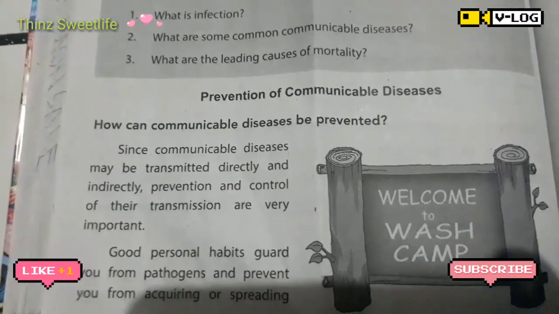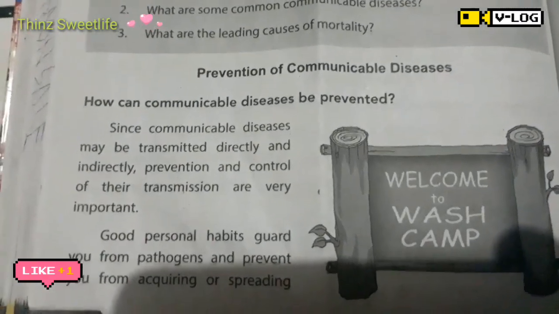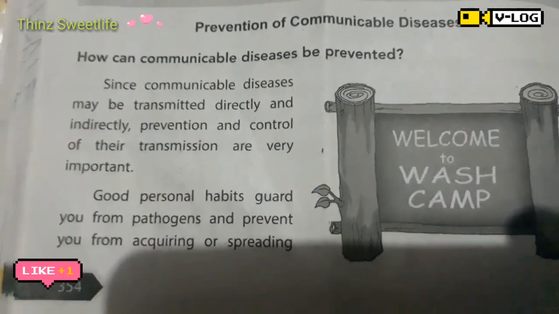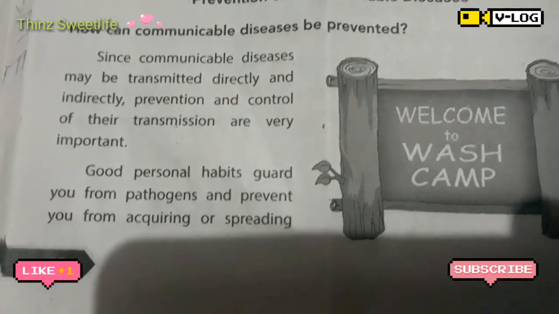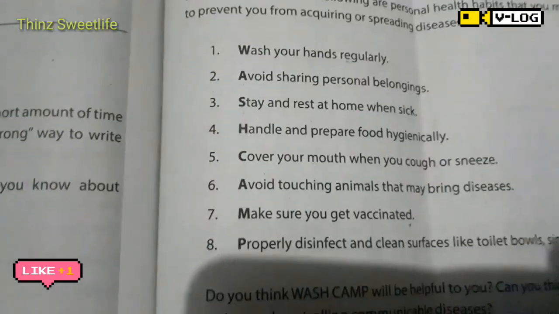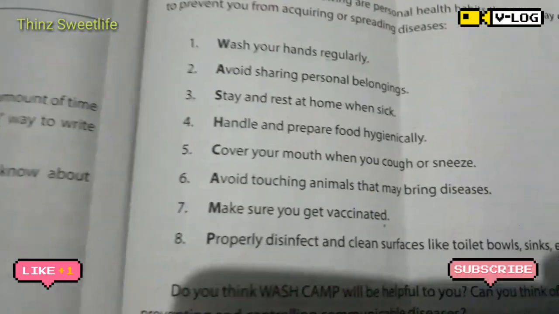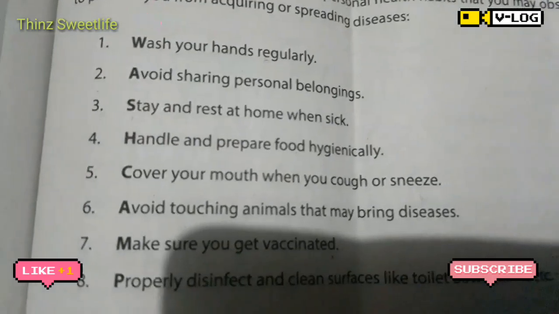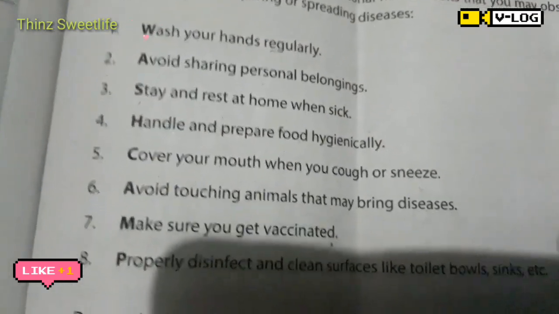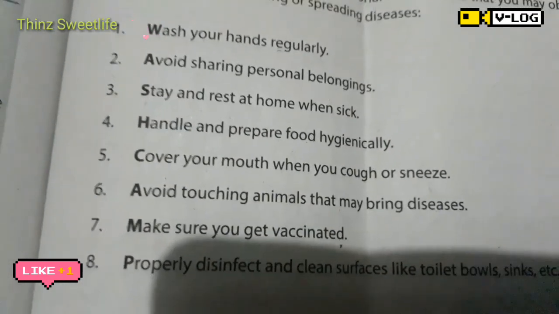Prevention of communicable diseases. Good personal habits guard you from pathogens and prevent you from acquiring or spreading infectious diseases. So remember the WASH CAMP. W stands for wash your hands regularly. A, avoid sharing personal belongings. S, stay and rest at home when sick.